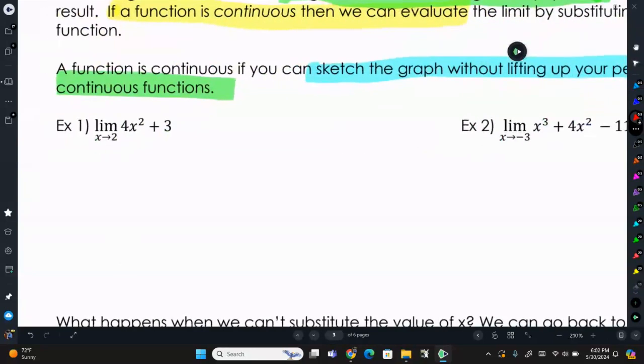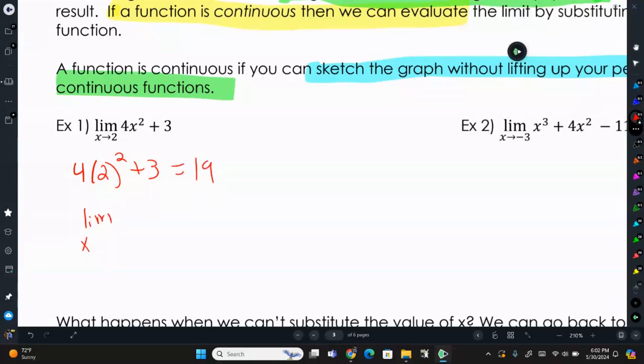So to find the limit, we are going to substitute in 2 for x. So 2 squared is 4, 4 times 4 is 16, plus 3 is 19.